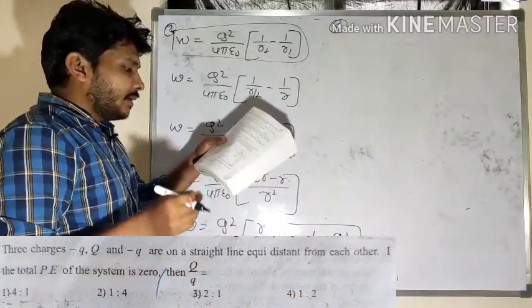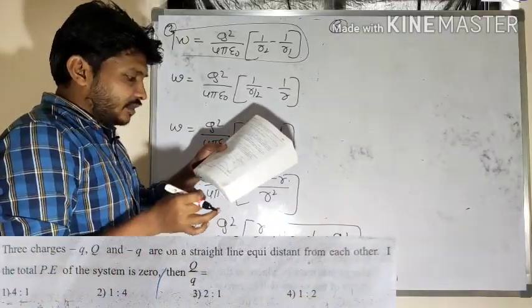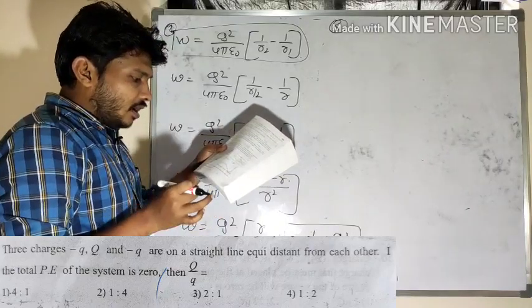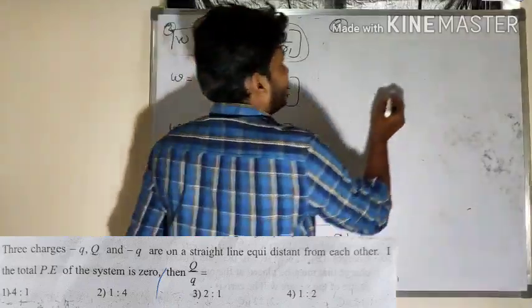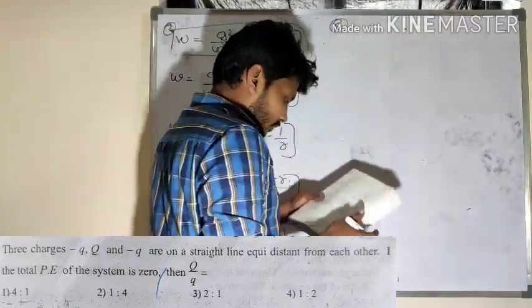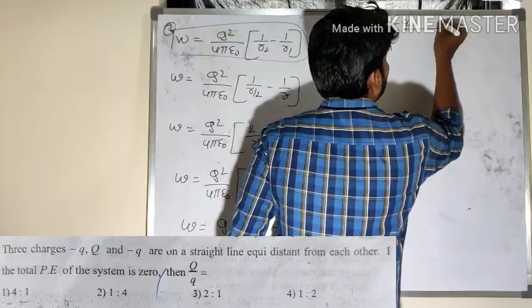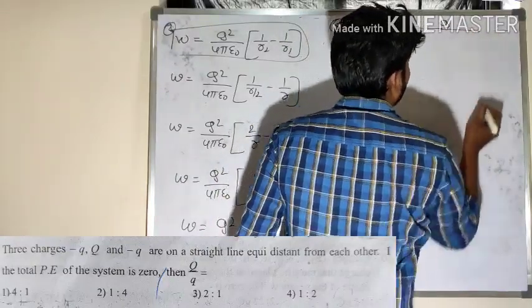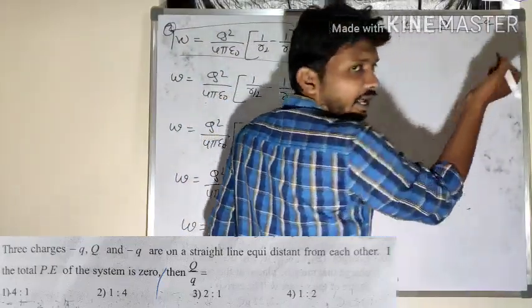Three charges minus q, plus capital Q and minus q are on a straight line equidistant from each other. So they mention three charges here. I will name them minus q, plus capital Q, and another minus q, at equidistance.